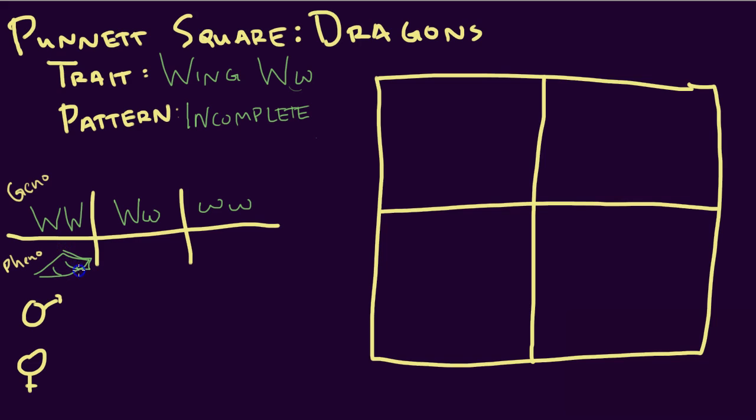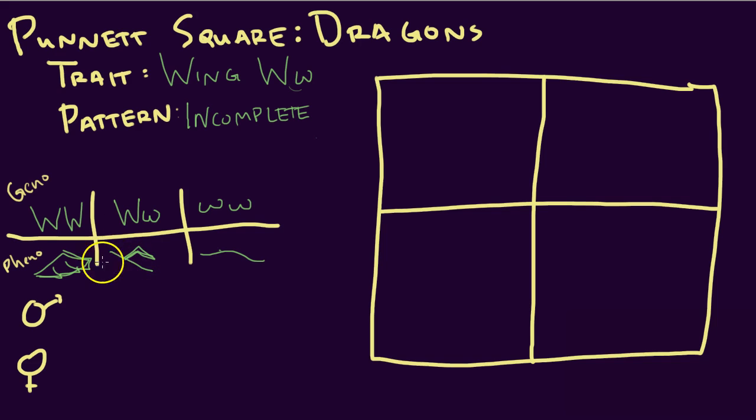This is the kind of wing that dragons love. For capital W, lowercase w, we're going to get little stubby wings. So the wing is still going to be present in our dragon, but it's just not going to be able to get us off the ground. And then for lowercase w, lowercase w, we're not going to have any wings. We're just going to have a smooth back with no wings.